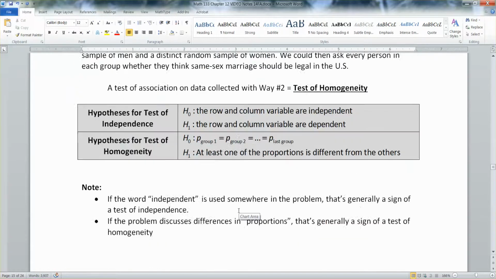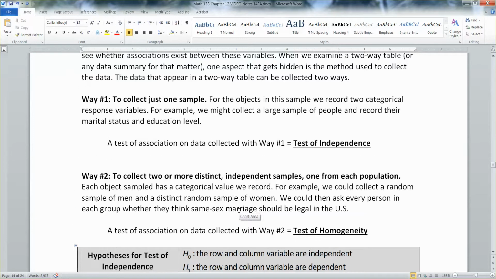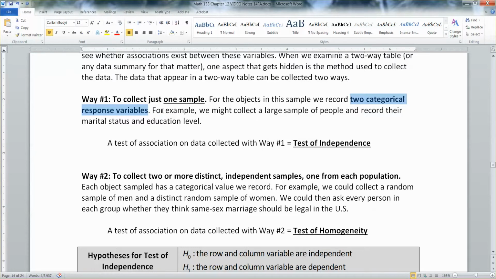All right, so let's go back here and just look again. If you have one sample right here, that you ask two categorical response variables from, that would be independence. If you have multiple distinct samples and you ask one thing of them, like same-sex marriage, that would be homogeneity.